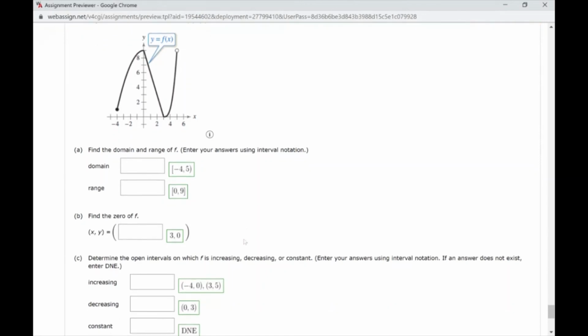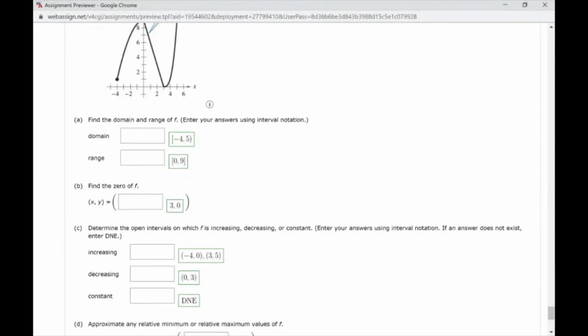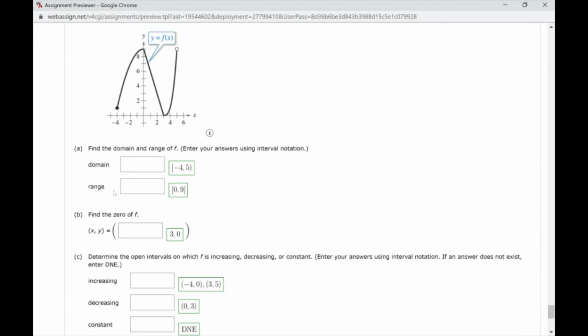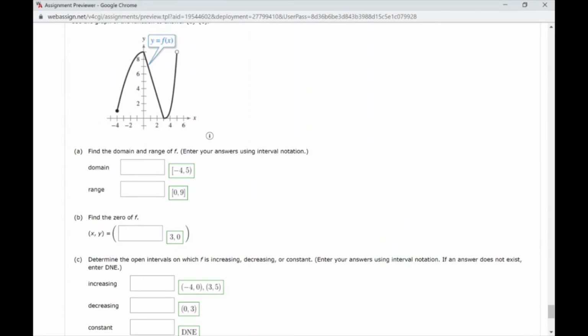All right. Find the 0. Can anybody tell me how you find the 0? What is the 0 the same thing as that you learned in Math 100? We used another term in Math 100. Might have to go back to the notes.